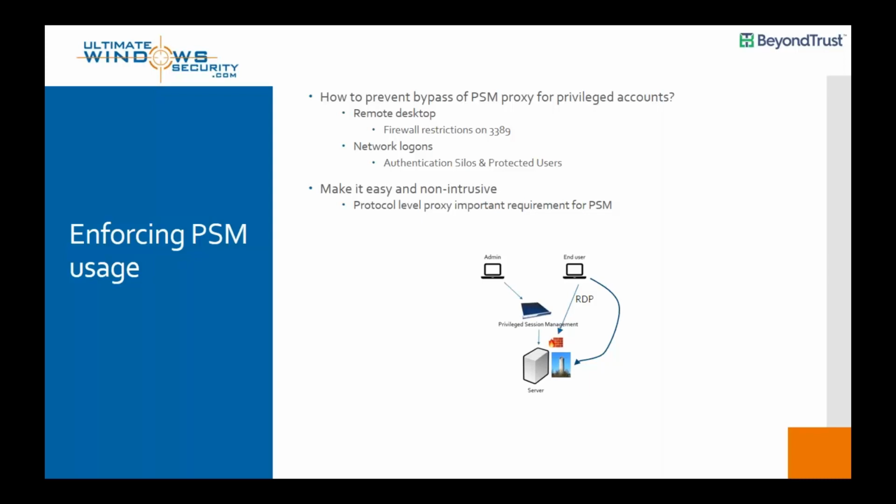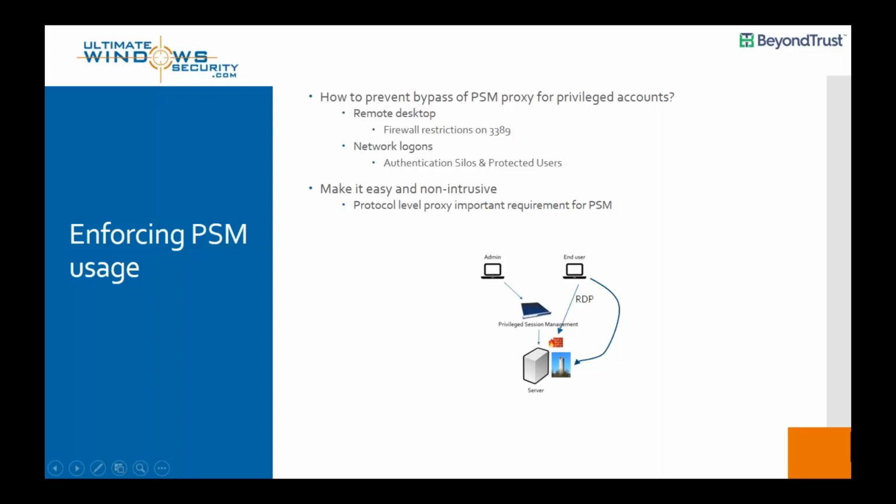Right. Now, Jeremy asks, how would this be different from just setting up a simple RDP jump box with two-factor authentication? So, Jeremy, that solution offers a lot, but not all the things that this one does. The problem with what you're describing there is that I am remote desktoping from my workstation that could be compromised to a jump server that has two-factor authentication, and then I'm RDPing from that into other systems.